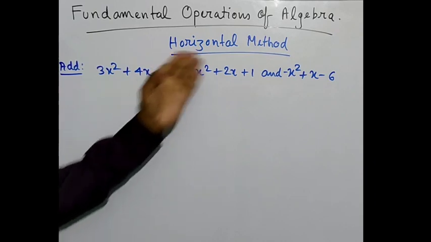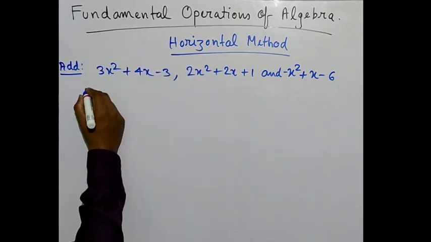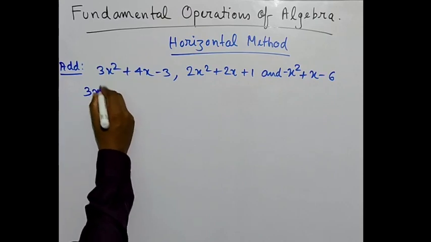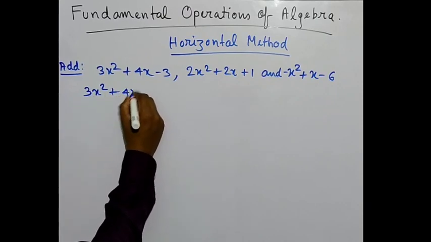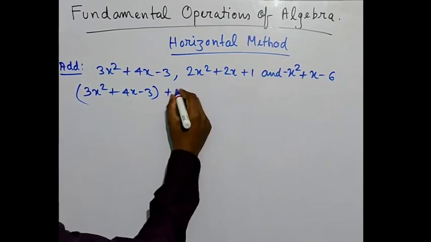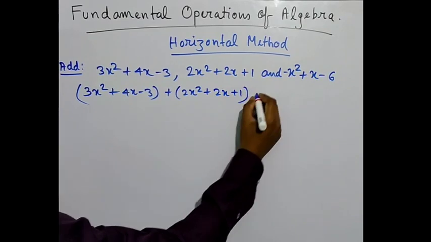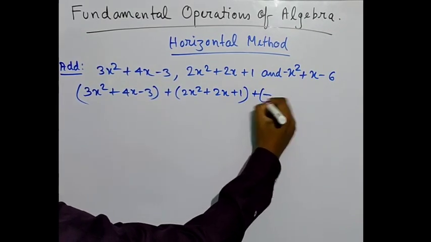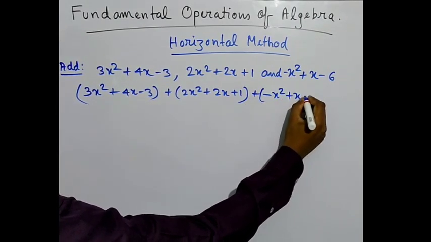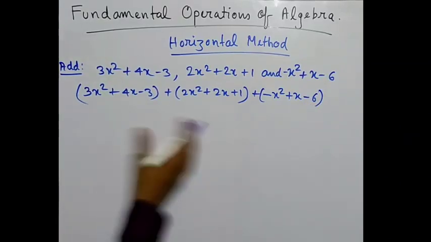Let's add them using the horizontal method. So 3x square plus 4x minus 3 plus 2x square plus 2x plus 1 plus negative x square plus x minus 6. So how are we going to add?